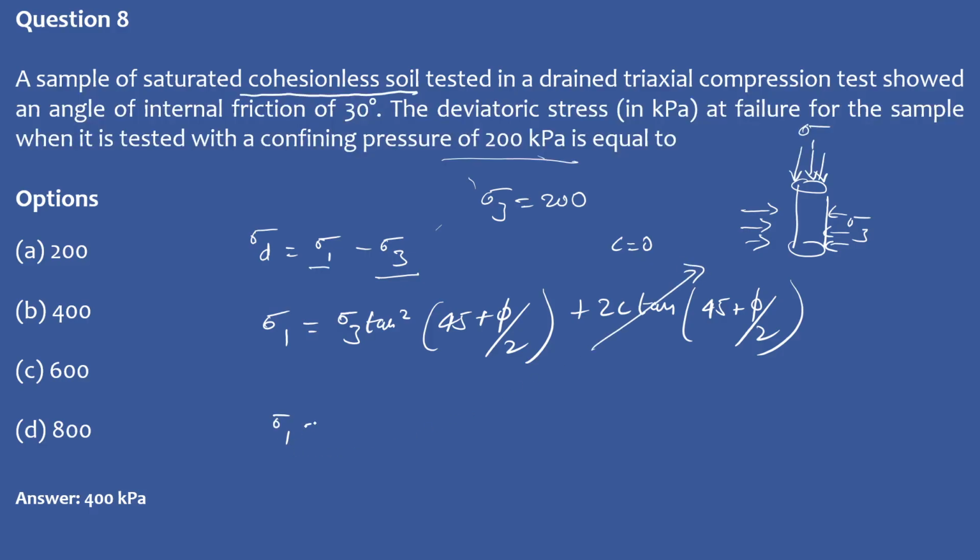So your sigma 1 is basically sigma 3 tan square (45 plus phi by 2).